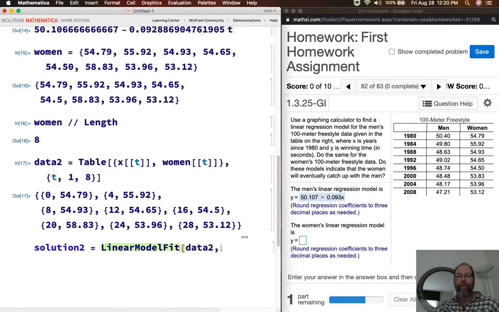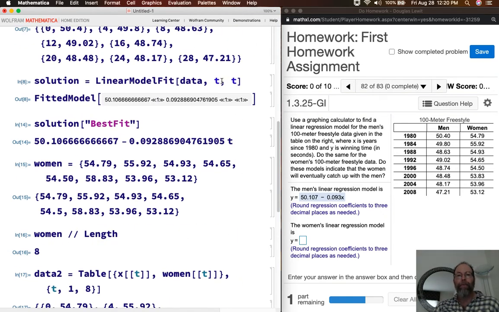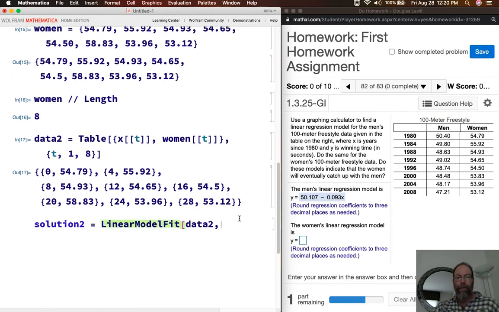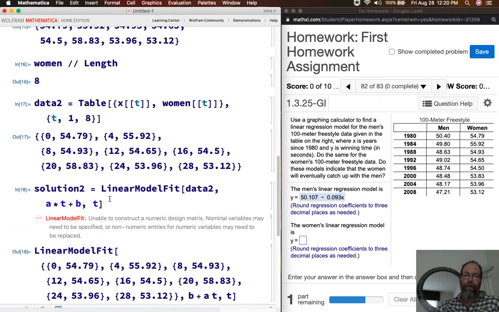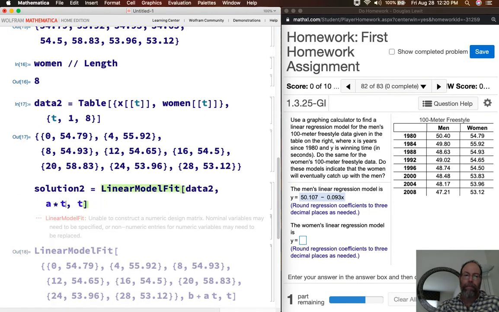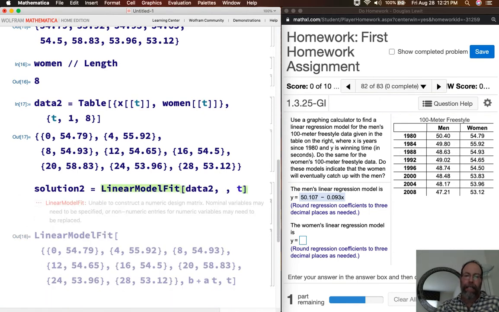So I really believe the first T represents the form of my model. So I believe I could just do something like the model has the form A times T plus B, where my variable is actually T. I'm curious if this is going to work. No, it won't. But that's really the idea.